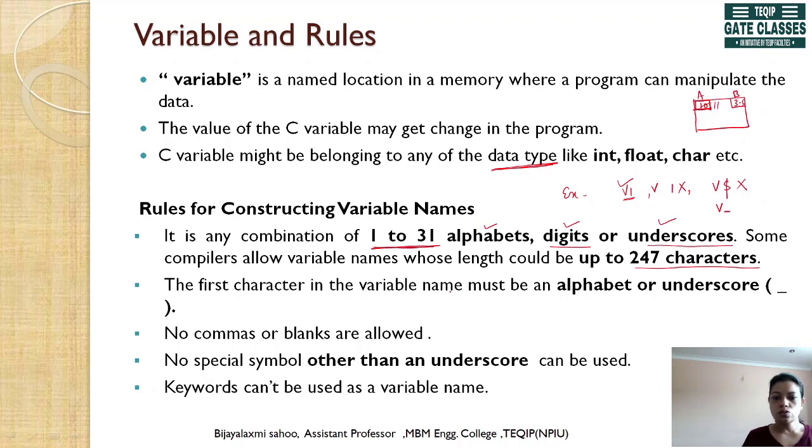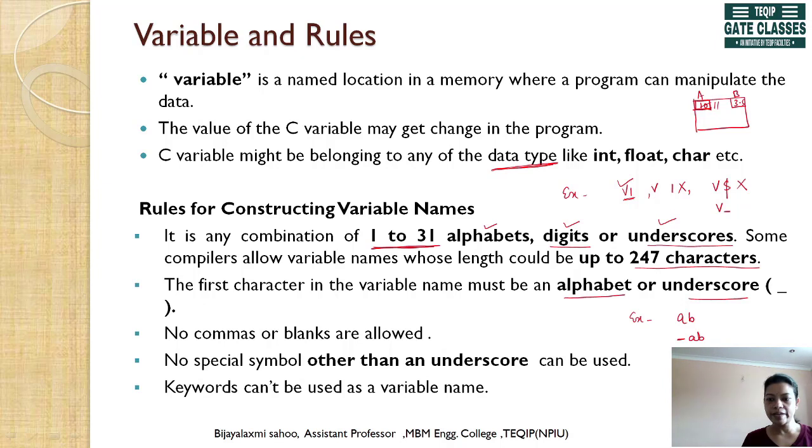While creating a variable, the first character should be either an alphabet or an underscore. For example, you can create a variable name as AB, you can create a variable name as _AB, you can write the variable name as A_B.